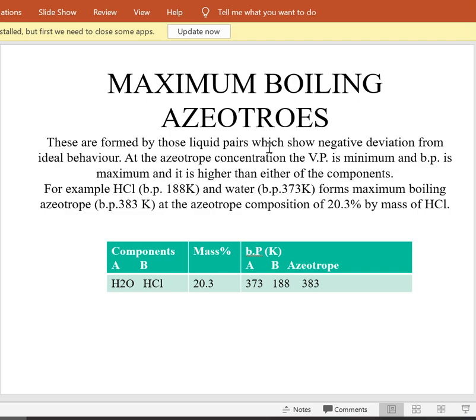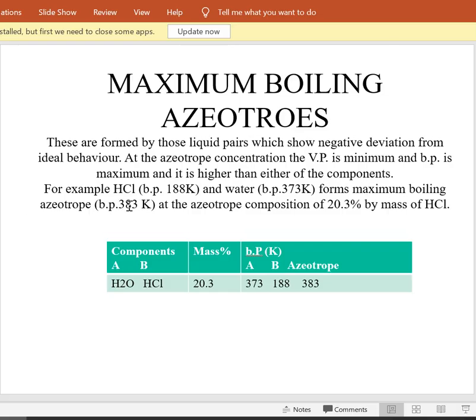At the azeotrope composition, the vapor pressure is minimum and the boiling point is maximum, and it is higher than either of the components. The boiling point will be higher than the boiling points of both components you mix. For example, HCl, whose boiling point is 188 Kelvin, and water, whose boiling point is 373 Kelvin. They form a maximum boiling azeotrope.